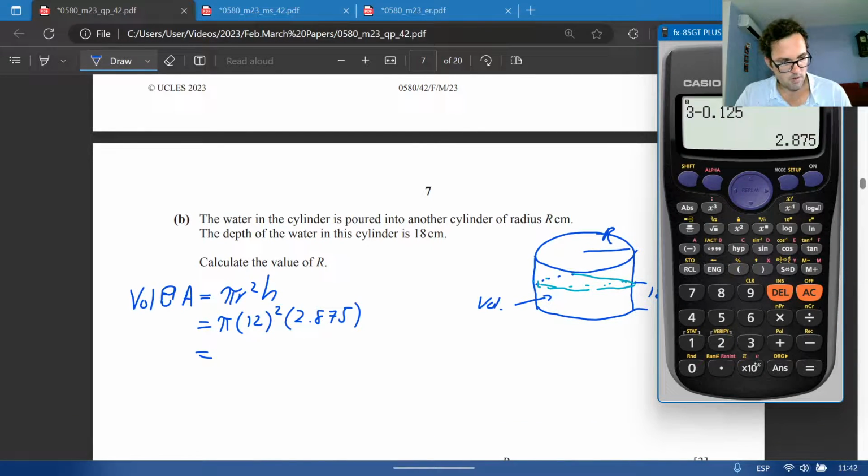So we're doing pi 12 squared times 2.875. Right, we can use 1300.619.